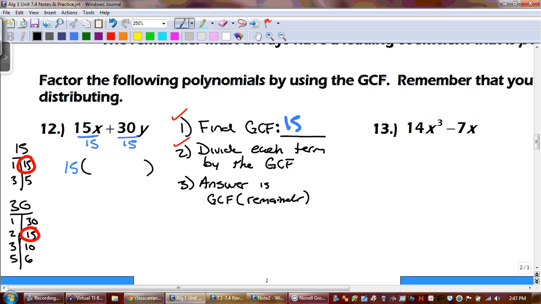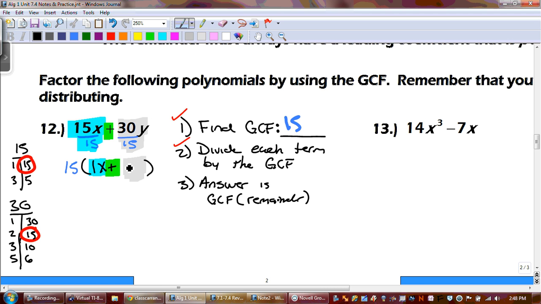So the first thing we're going to divide is 15x divided by 15. Well, 15x divided by 15 is 1x. Now I have a plus sign, so my plus sign's going to come down. And then I have 30y divided by 15?